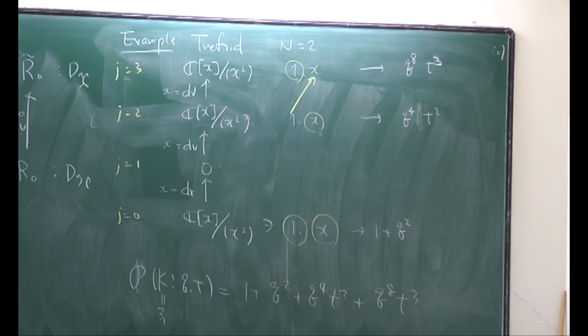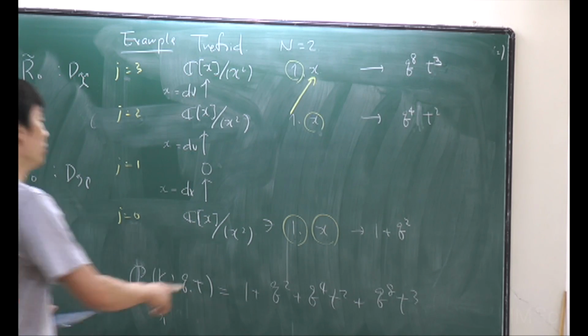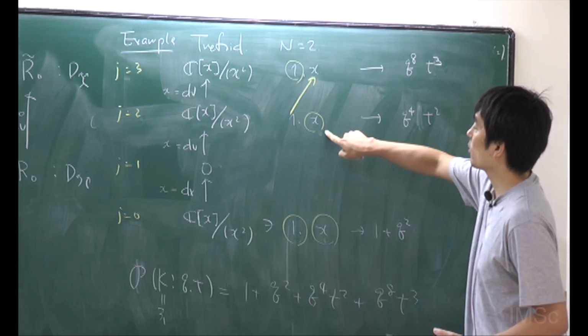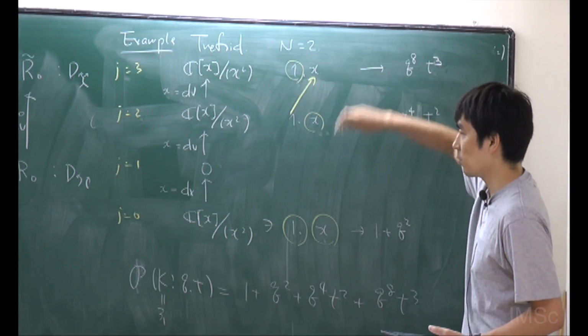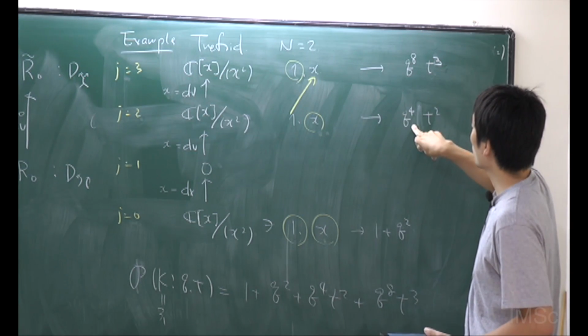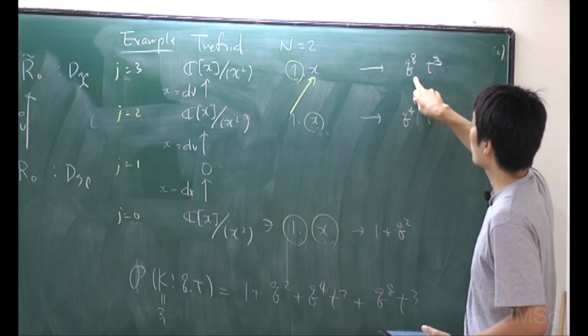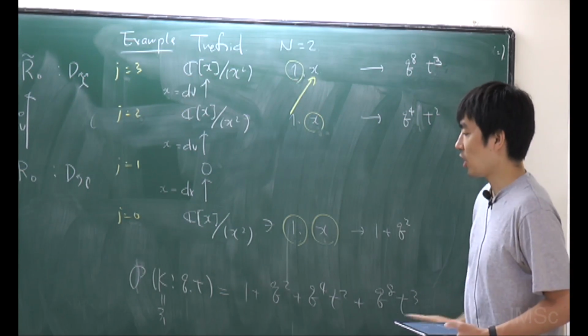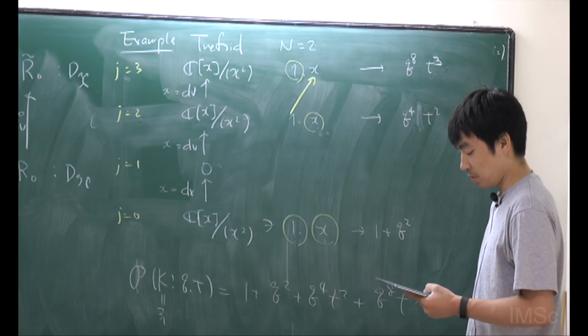And the Q grading of x is given by 2, and up to appropriate grading shift, when you increase j, you assign q to the 4th here, and q to the 8 to this generator. And what you end up with is this one, the Poincare polynomial.